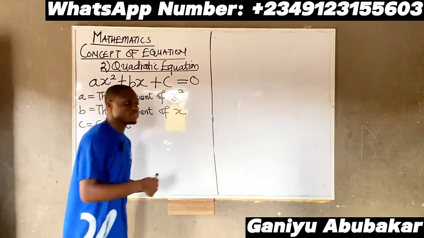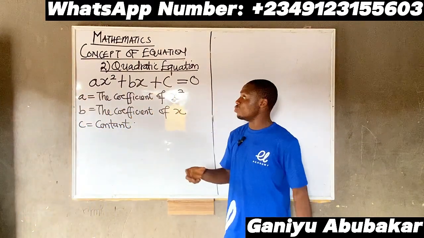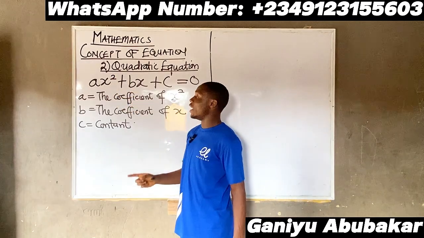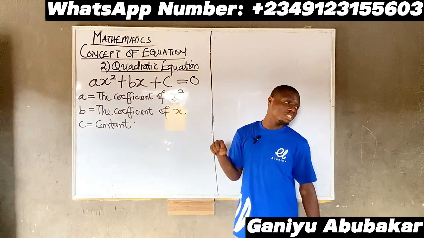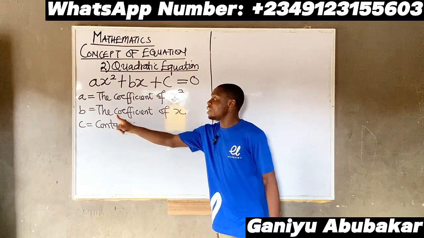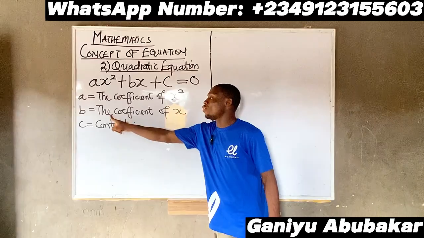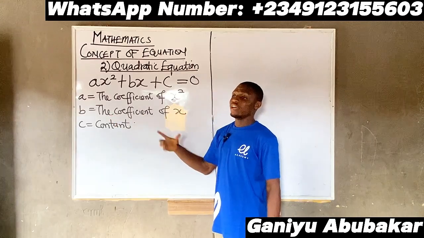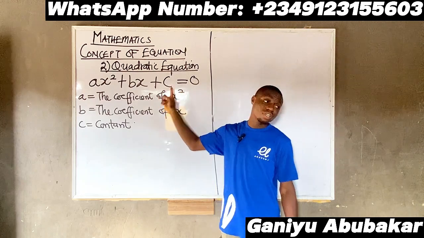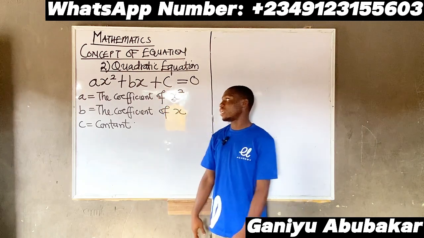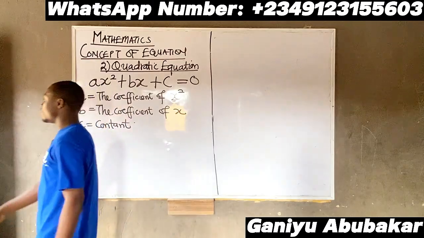Any value in front of x squared is called the coefficient of x squared. Any value in front of x is called the coefficient of x. Also, the last one there, on its own, is called the constant. Copy down and let's proceed.